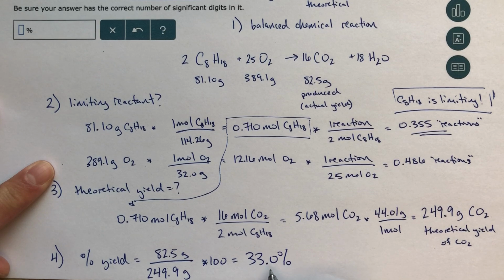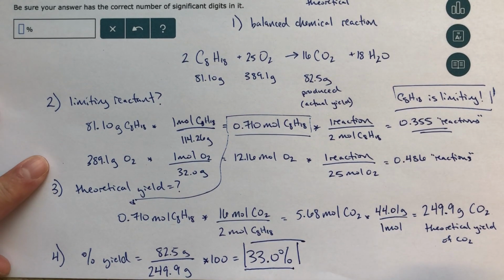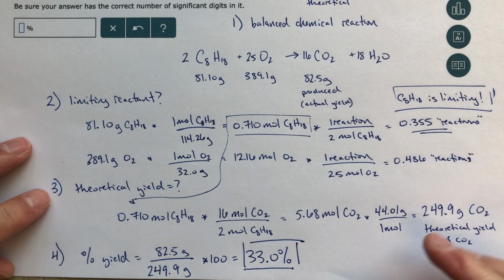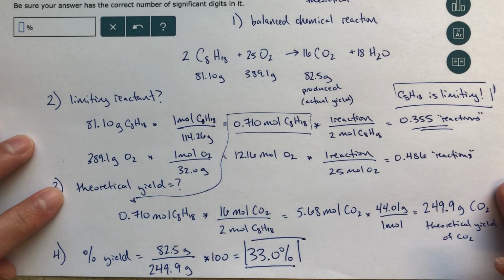This number is going to have 3 sig figs because my 82.5 value has 3 sig figs, so my final answer is 33.0%. That's the percent yield for your chemical reaction. So that's telling you when you ran the chemical reaction, basically you got only 33% of the total amount that you actually could have gotten based off of your limiting reactant.